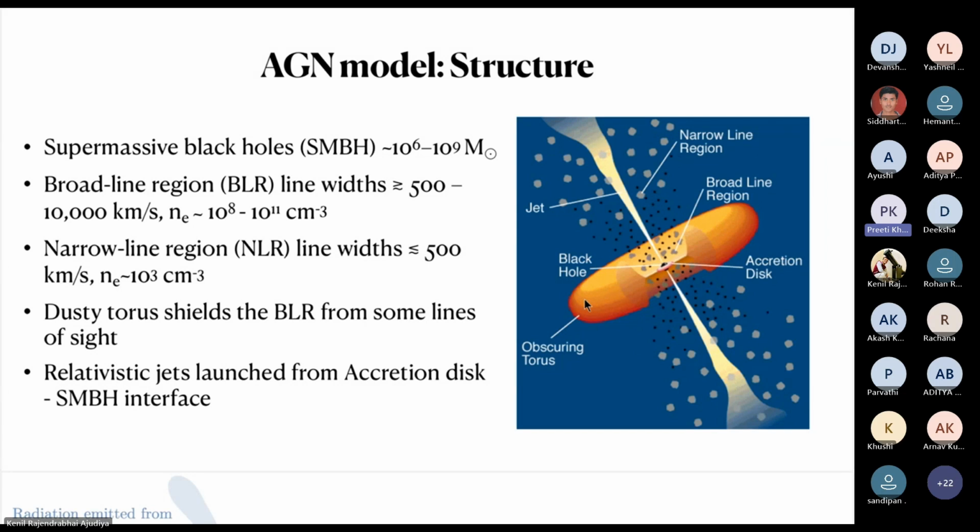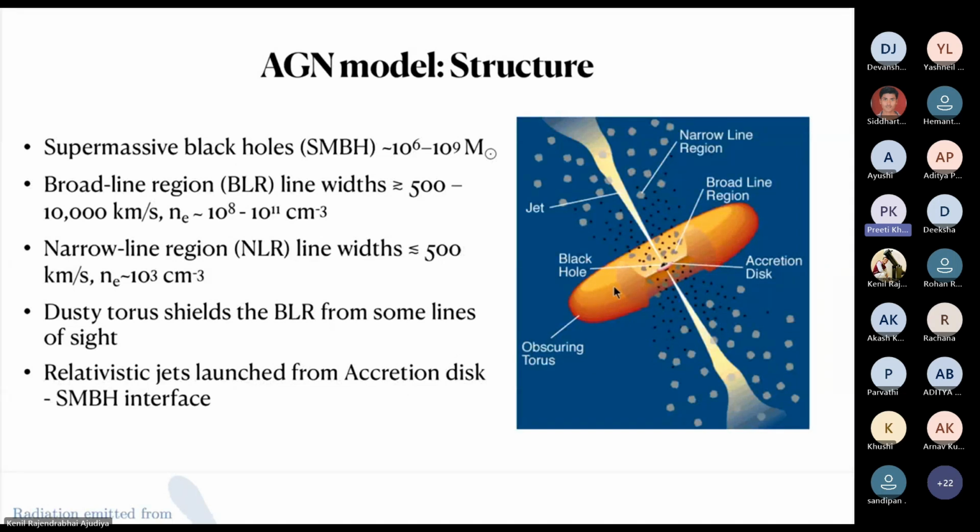This region hides your broadline region and the accretion disk from certain lines of sight. So for example, if the AGN is oriented in such a way that the torus, this dusty obscuring torus, hides the broadline region and the accretion disk, then you end up seeing only the narrow line clouds. So that would explain the type 2 AGN.